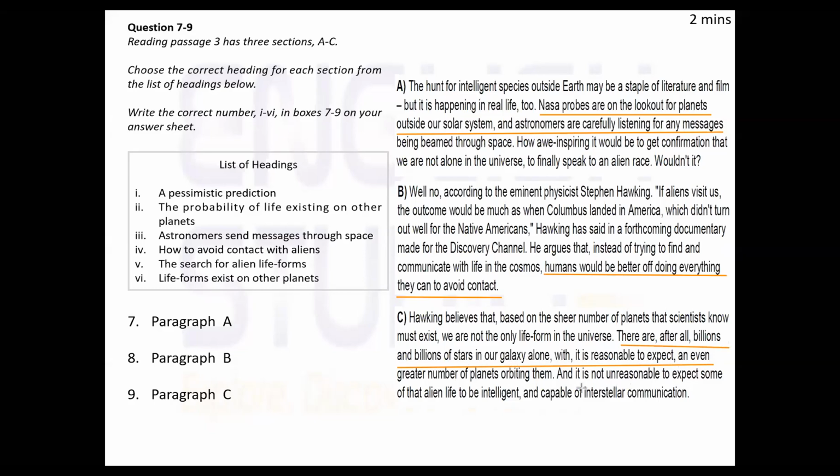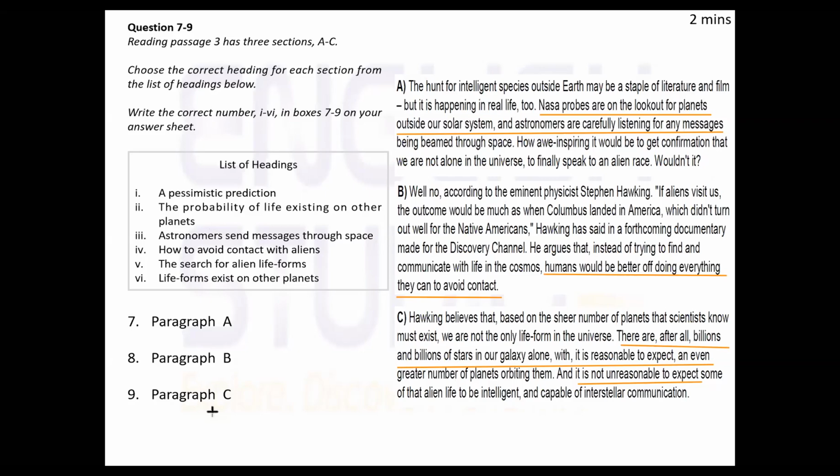Okay, you have to pay attention that here we have the word to expect, and it is not unreasonable to expect. So we are still not sure whether they exist or not. We are still expecting. It means that we have the probability to expect that the life of aliens exists on other planets. Pay attention to that word.